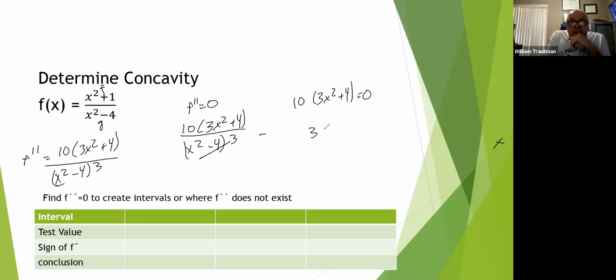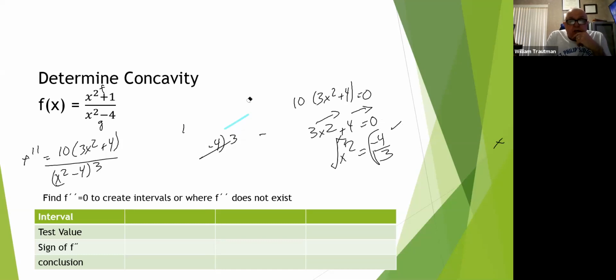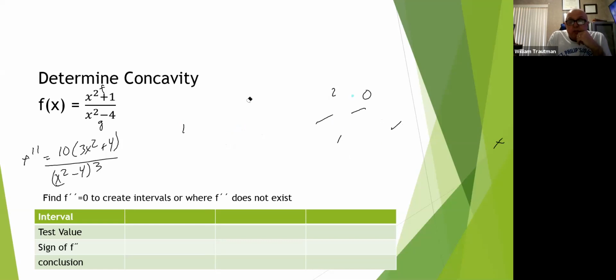Divide both sides by 10. I get this. Take the 4 over, divide by 3. I get negative 4 thirds equals x squared. You can't have an x squared equal a negative number, right? You can't take the square root of a negative number. So there is no inflection point using this method that we just did.